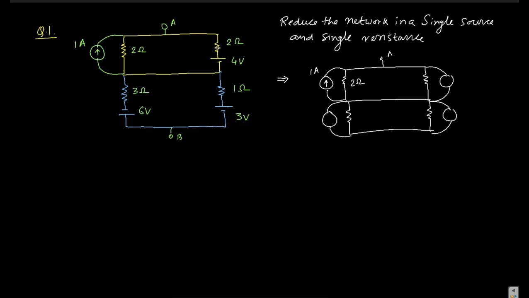Now for this voltage source and this resistance, I is equal to what? V by R. If the voltage source is converted into a current source, then it becomes V by R. V is 4, so I is 2.